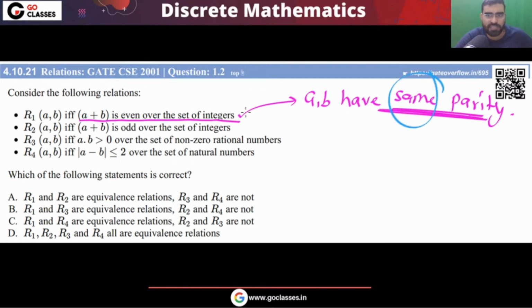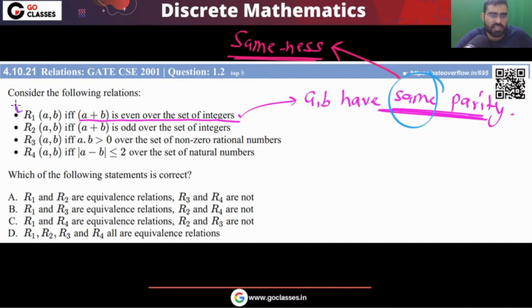They have the same parity, so again some kind of sameness you are talking about. They must either be both odd or both even.